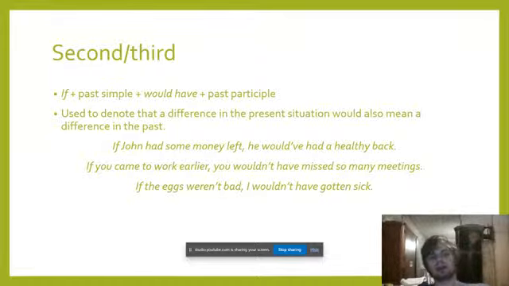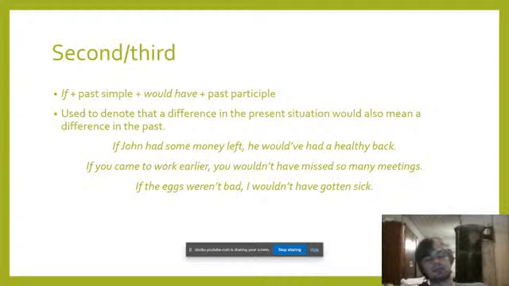Another example is if you came to work earlier, you wouldn't have missed so many meetings. So we have a very tardy worker here who has a problem of missing meetings, right? The worker is getting chastised in this example.